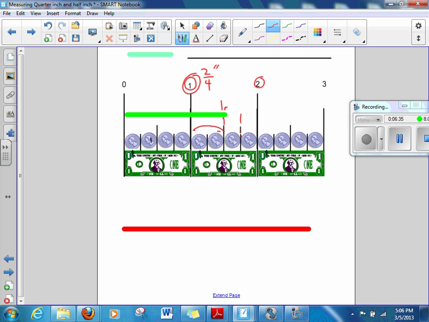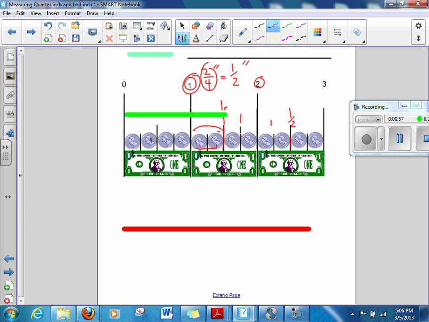Now, of course, some of you know too that 2/4 make a 1/2. And so we could say that those 2/4 are the same thing as a half. And generally, that's what we do. We say it's a half. So whenever we get to 2/4, we say a half here. So instead of saying 2/4 when we get to this line, we say 1/2.